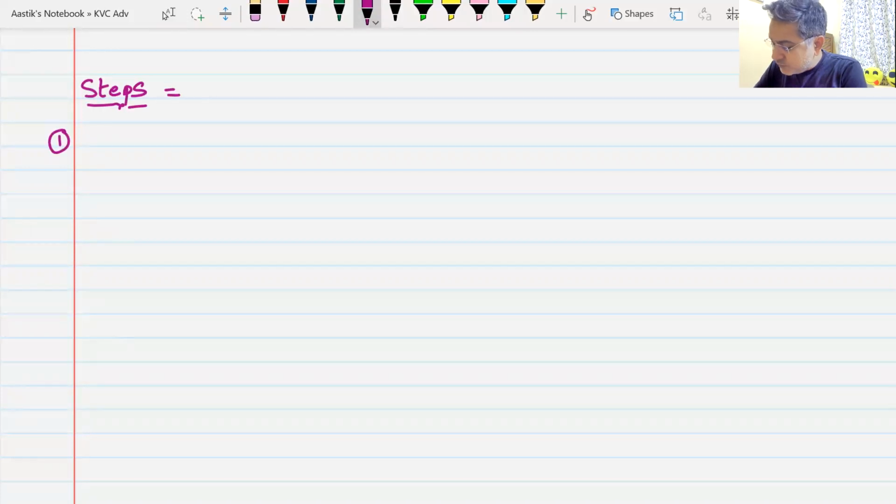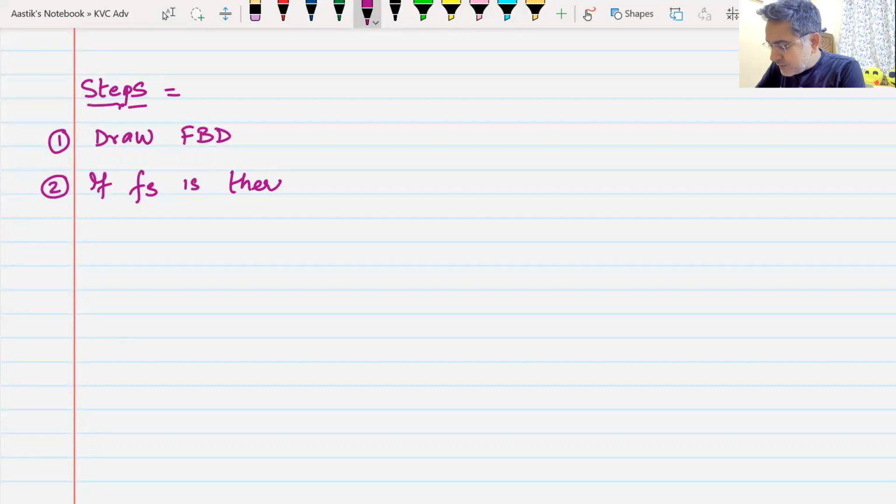Step number 1 would be what? Draw the FBD. Do we understand this? Yes, sir. You have to draw the free body diagram. Number 2, if static friction is there, that means it is a case of pure rolling. Static friction only comes when there is pure rolling.